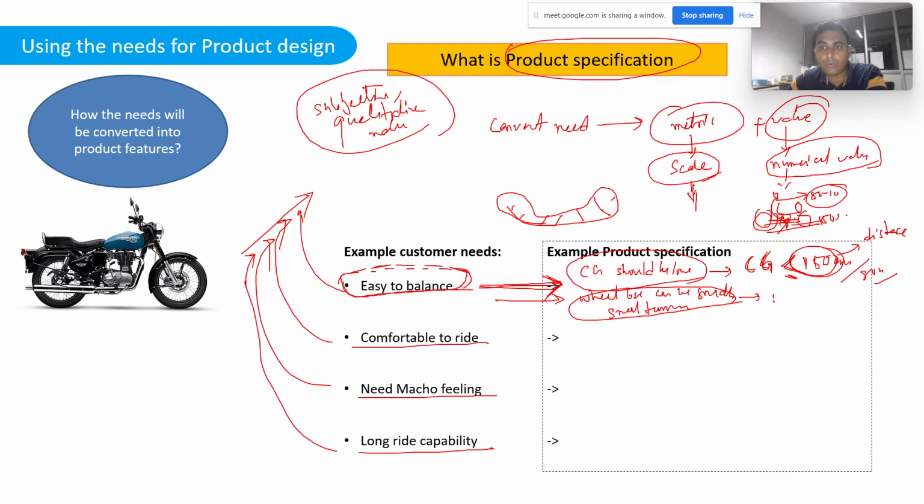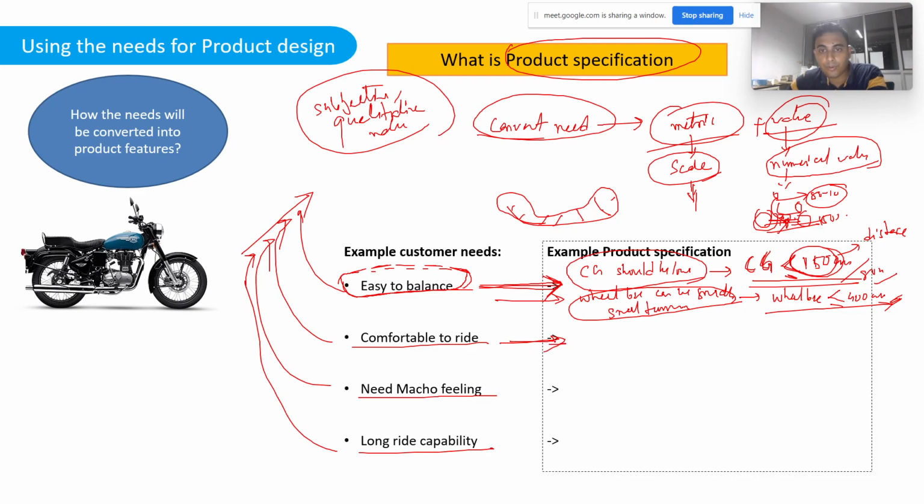So you said wheelbase less than or equal to something like 400 centimeter. So this is the specification. In specification, we basically come up with a scale as well as a value to define a particular qualitative customer need.